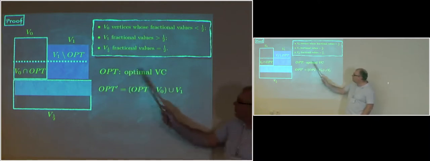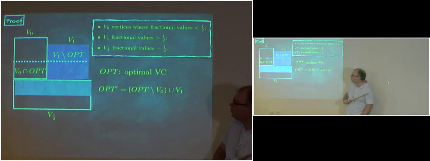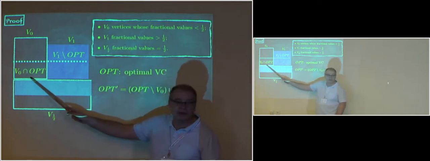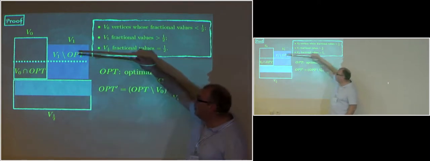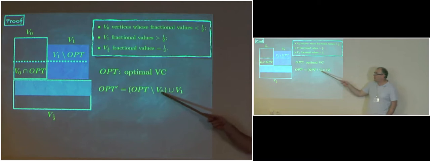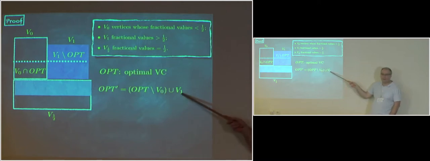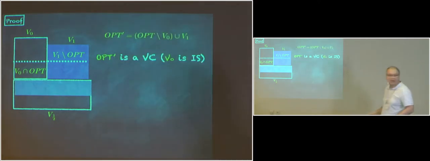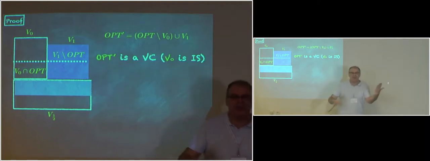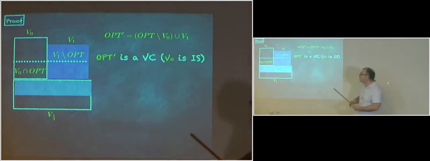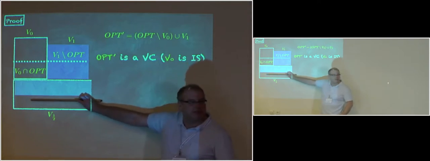I take the previous optimal solution, I remove all vertices of V0 from it, and then I add all vertices of V1. So it's OPT minus V0 plus V1. First of all, I claim that this set is a vertex cover. Why? What is a vertex cover? A set is a vertex cover if and only if the complement is an independent set. So I claim that these should be an independent set, right?